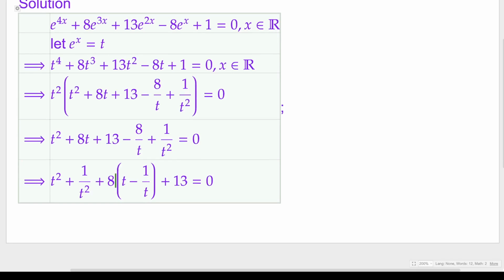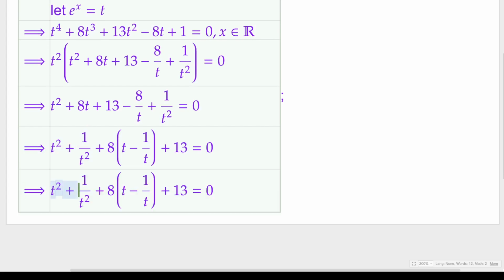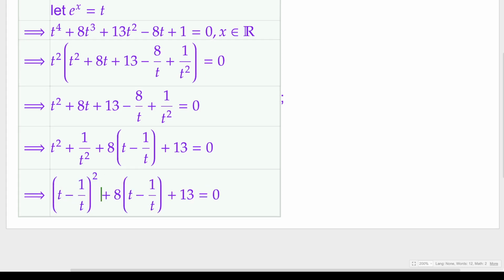Now if you observe this quantity, this is nothing but a square plus b square, so I can use an identity for this one. Instead of this I can write t minus 1 by t whole squared plus 2.